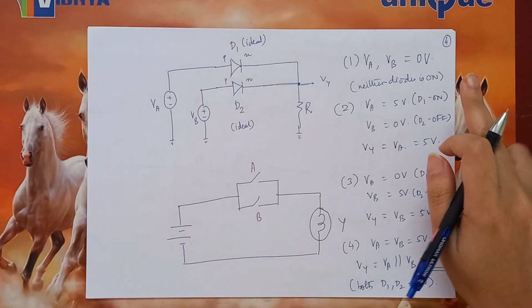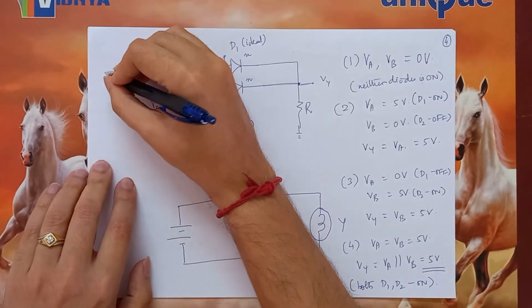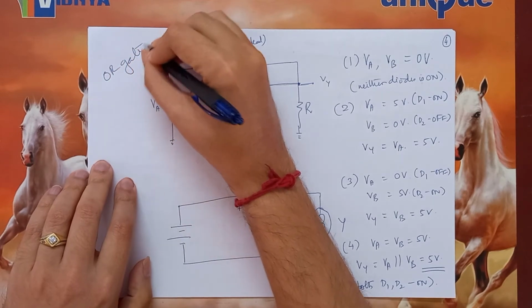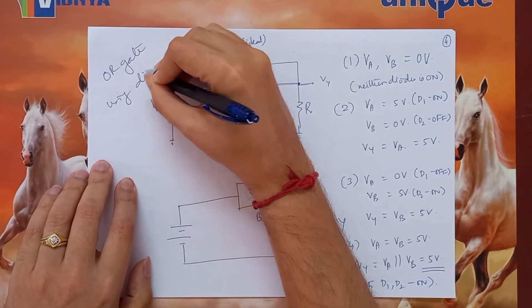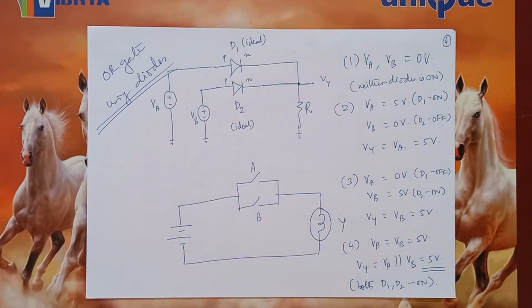So what we see is that this is indeed satisfying our OR logic. This is an OR gate using diodes. This is a very simple example through which you can make an OR gate using diodes.